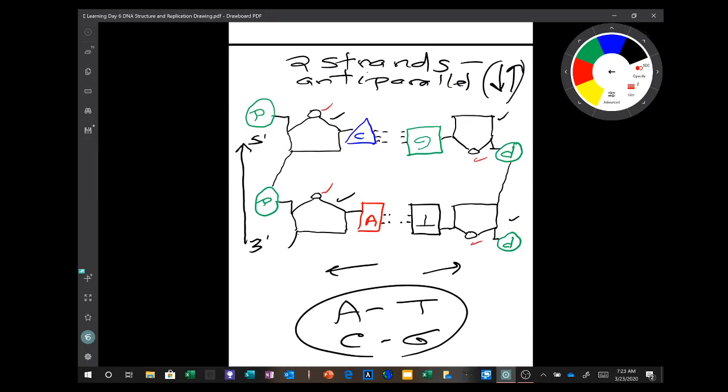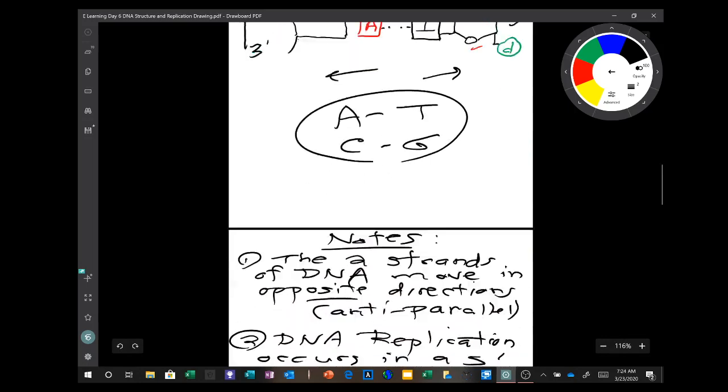So you look where the oxygen atom is present, and that's where you're going from a 3' to 5' direction. In this case, on the other side, this strand goes down from 3' to 5'. So the 5' is basically going in the direction of the oxygen. Real easy way to remember which is which.